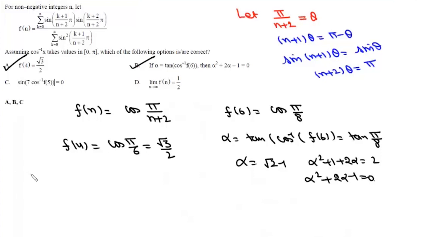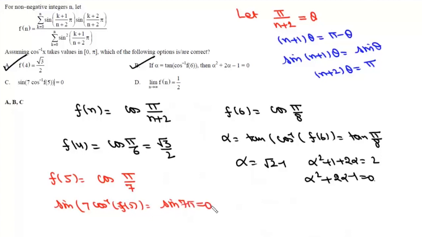Now for this C, we need to find f5. f5 is cos pi by 7. Now sine 7 cos inverse f5 will be sine 7 pi, and sine 7 pi is 0.